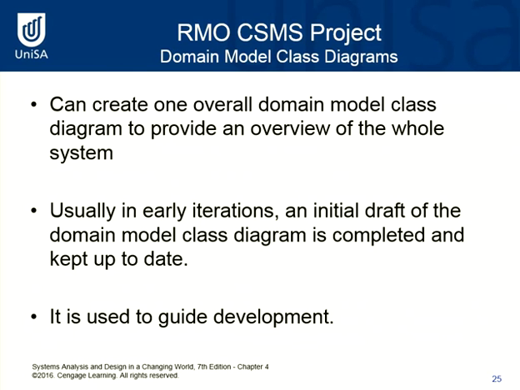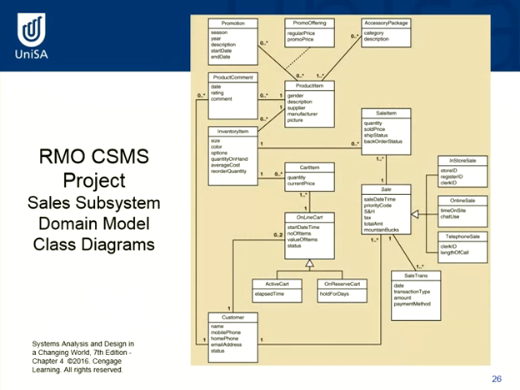It's probably good to use this as a guide to development. So we can see here we've actually got the sales subsystem for this example, domain model class diagram. We've got quite a few things happening here in this diagram. We can see that we've got an abstract class here called promo offering, which is an association class.